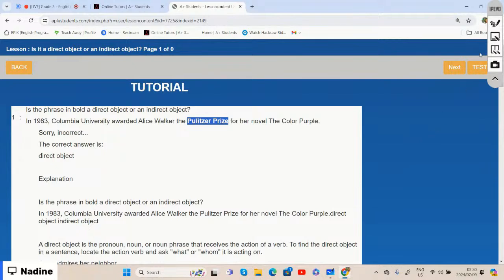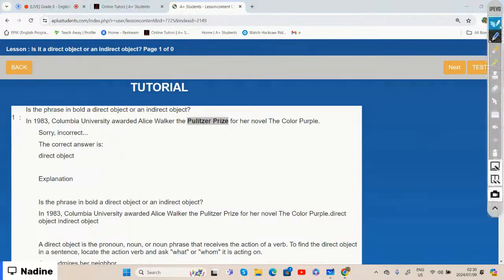If we were to identify it, we would say this is a direct object, and it comes after our verb, which is awarded.